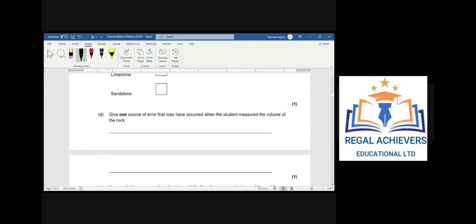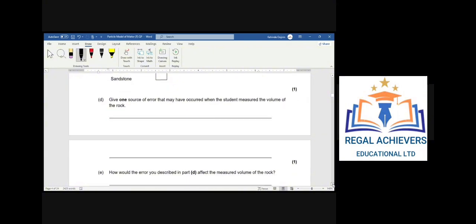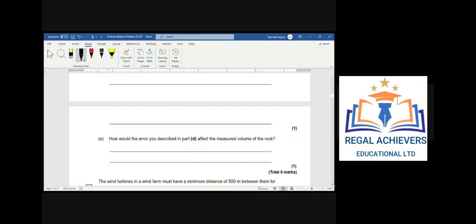Okay, the last question says, how would the error you described in part D affect the measured volume of the rock?